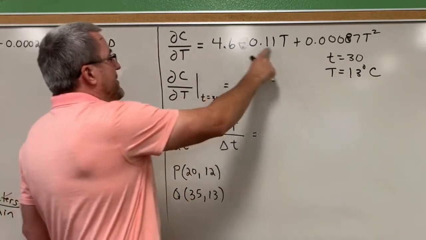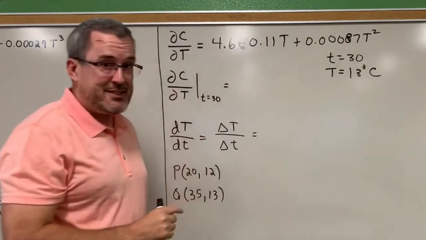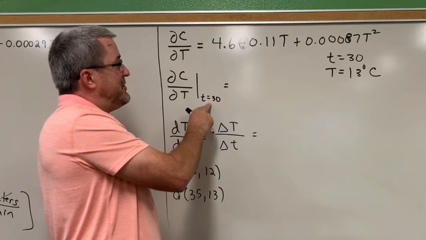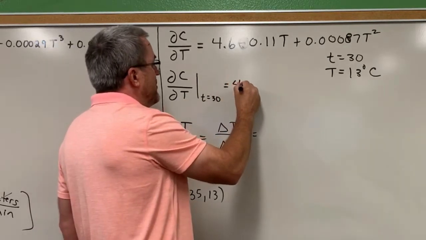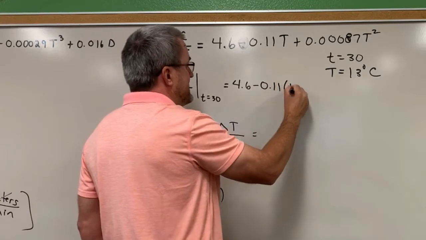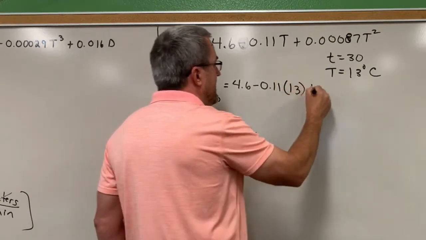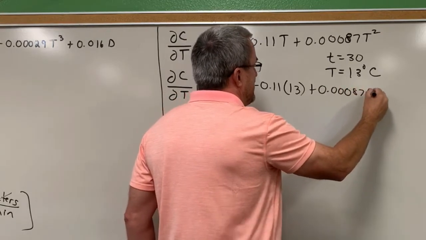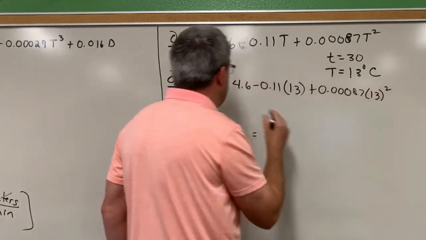So, if the temperature is 13 degrees Celsius, we can compute dc/dt at the moment in time that t equals 30 minutes. We would say take 4.6 minus 0.11 times that 13 degrees, plus 0.00087 times that t squared.